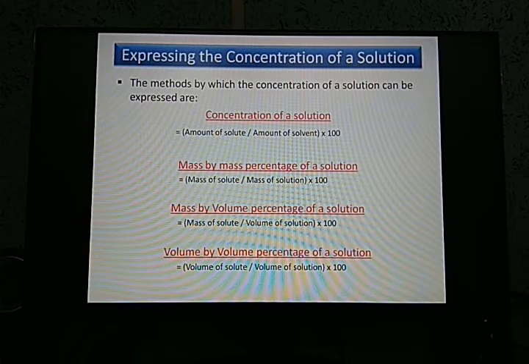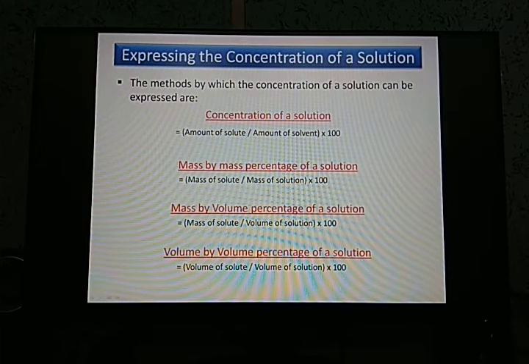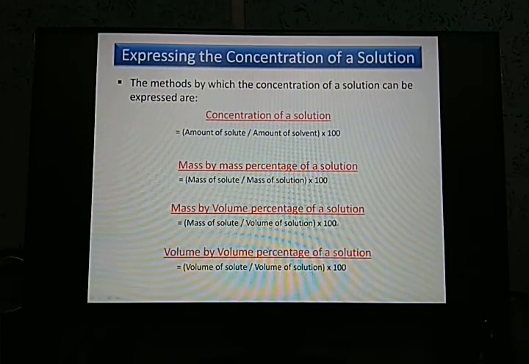So these are the various ways of expressing the concentration of a solution, but in all the ways, if you see, it is expressed in terms of percentage. Clear? Generally mass by mass percentage is mostly used, but there may be some questions where the other ways of expression can also be used.